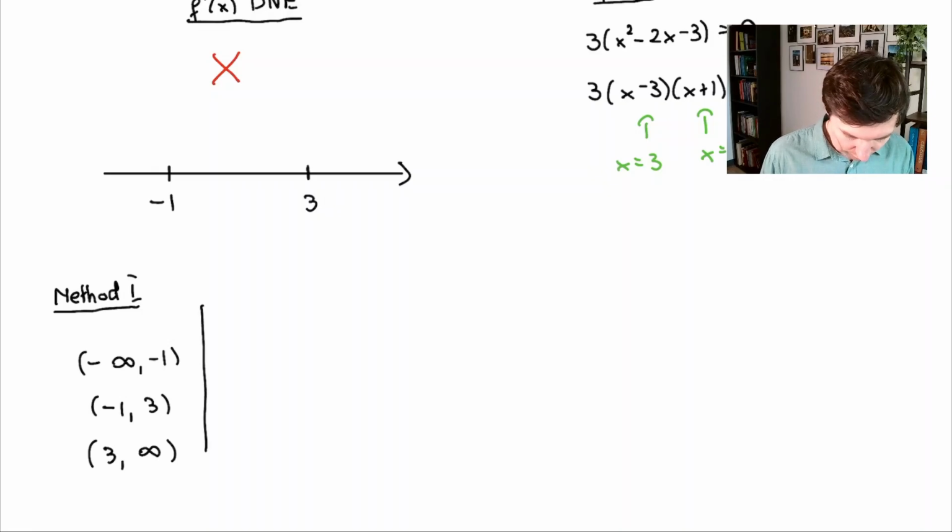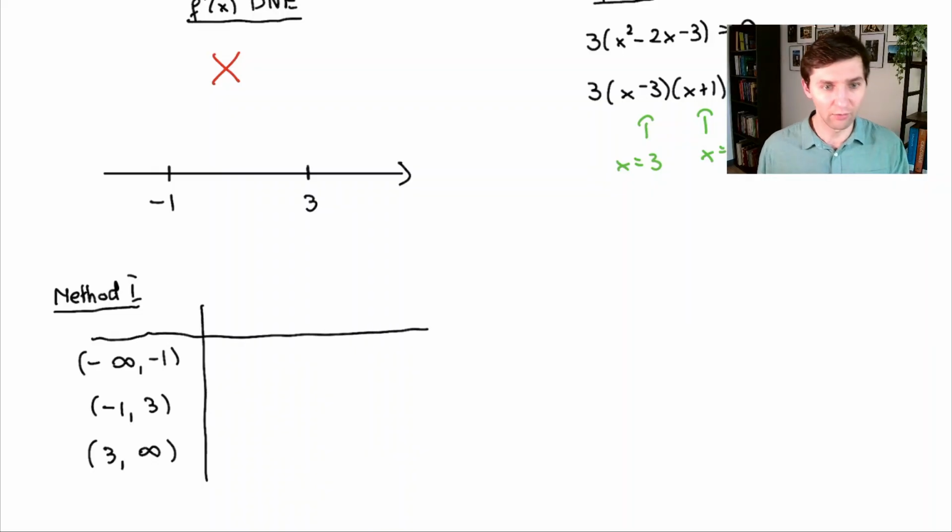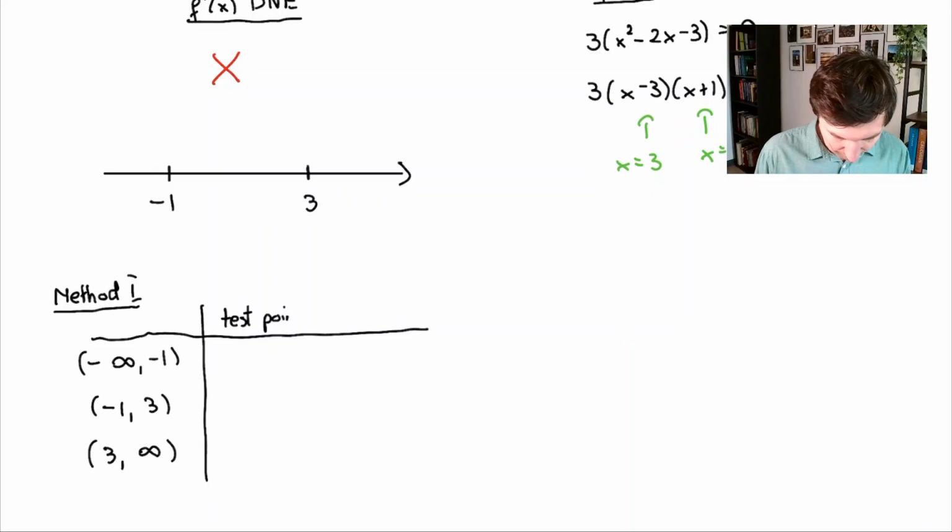What's more, you want to know what happens there to the derivative, because you know that if the derivative there is positive, the function will be increasing, and if the derivative there will be negative, the function will be decreasing. So my goal is to determine, is the derivative there positive or negative? To do that, I will need a test point from each interval. Any point in that interval.